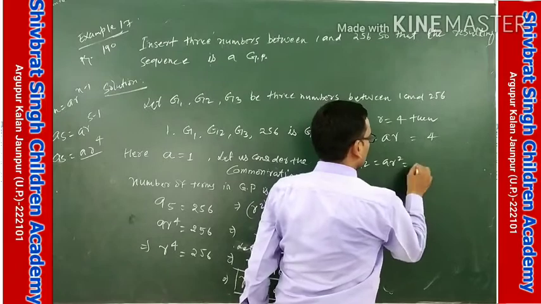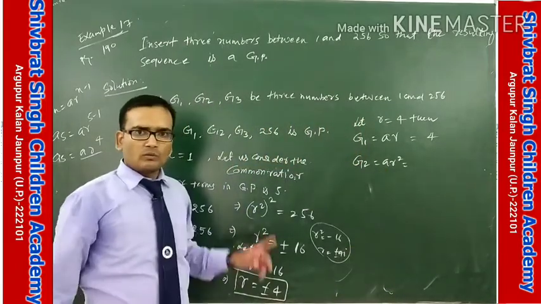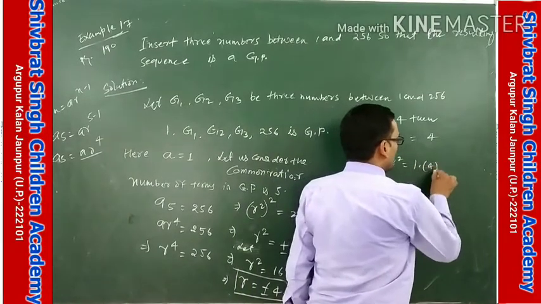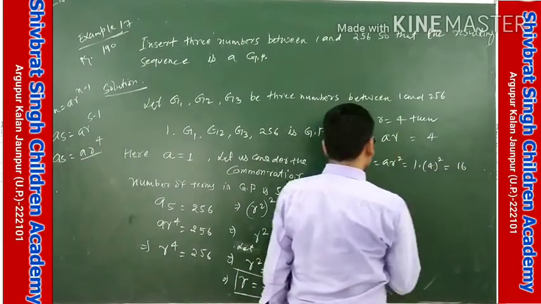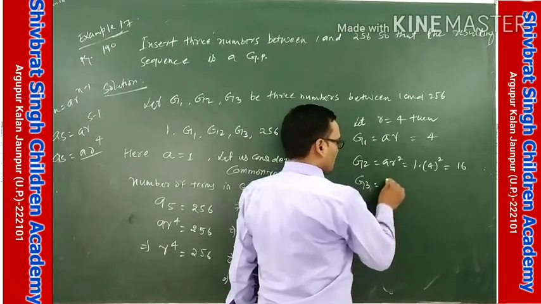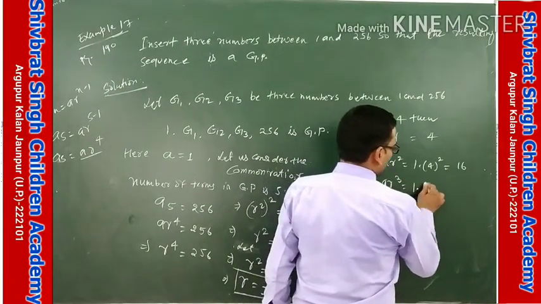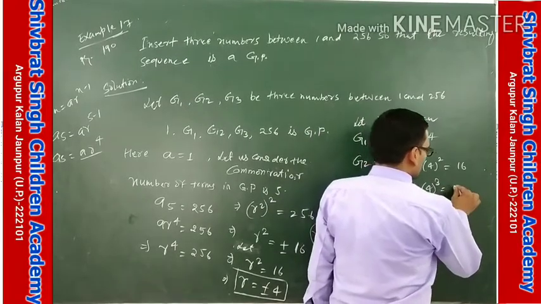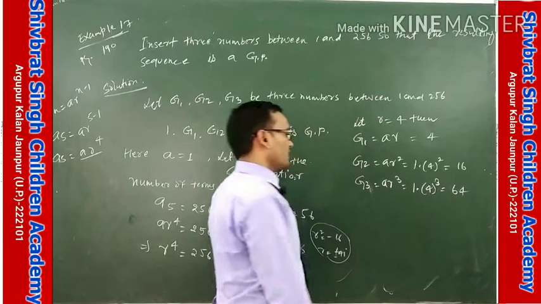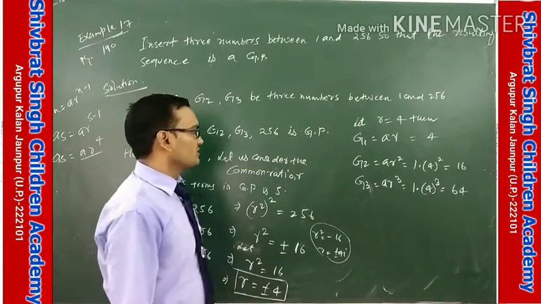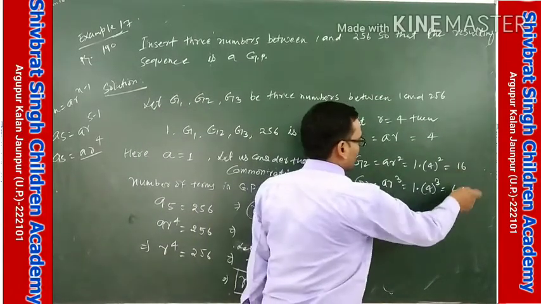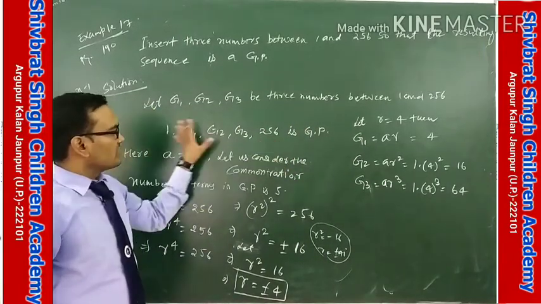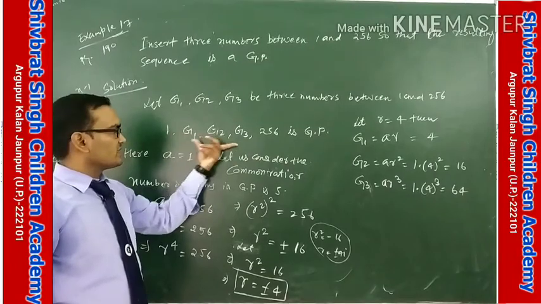G2 equal to ar square, 1 into 4 to the power 2, that means 16. G3 equal to ar cube, 1 into 4 to the power 3, that gives 64. Here three numbers 4, 16 and 64 inserted between 1 and 256 make this sequence a GP.